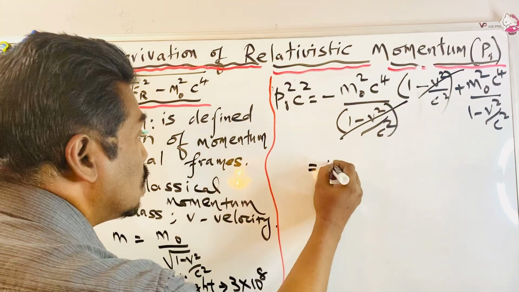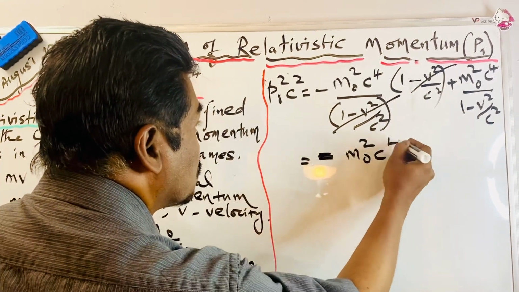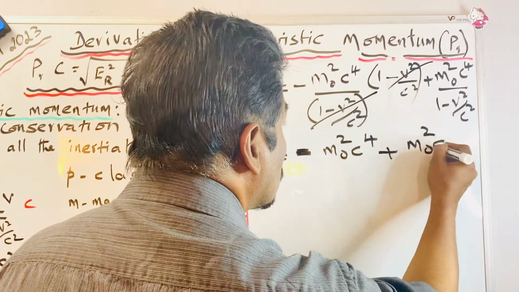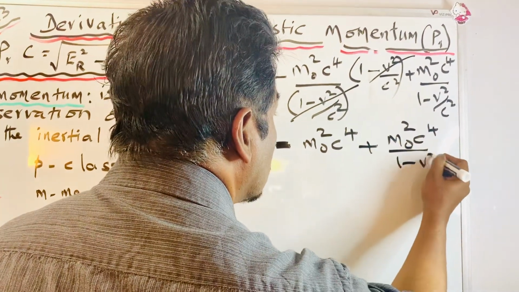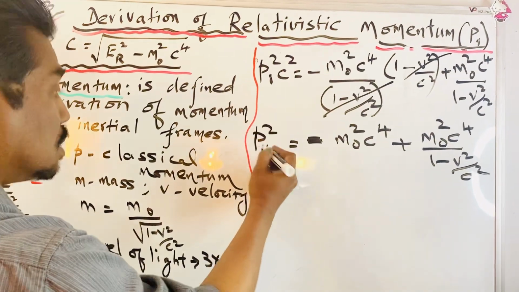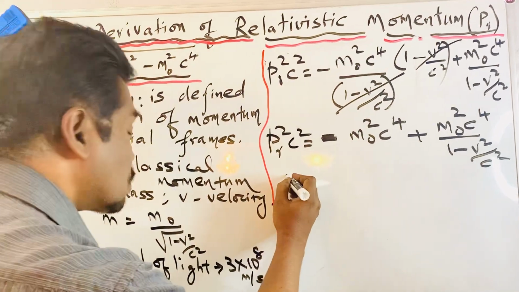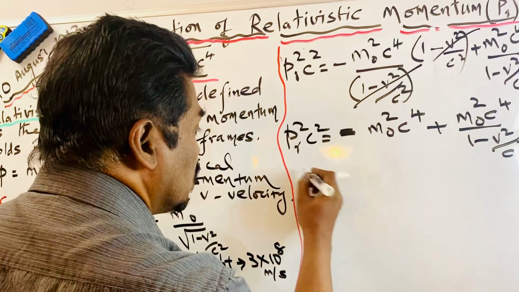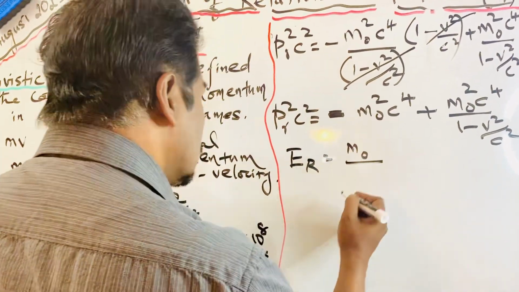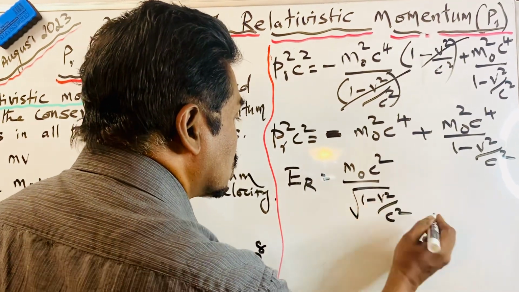So what we have now? Negative m0 square c power 4 plus m0 square c power 4 over 1 minus v square over c square, which is equal to P_r square c square, that means relativistic momentum square times c square. We know that relativistic energy E_R equals m0 c square over square root of 1 minus v square over c square.